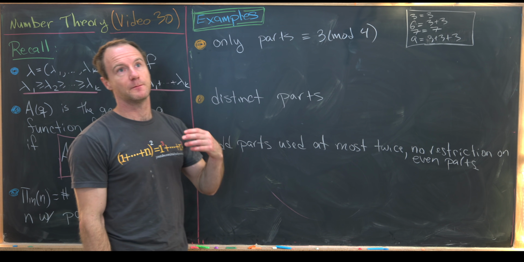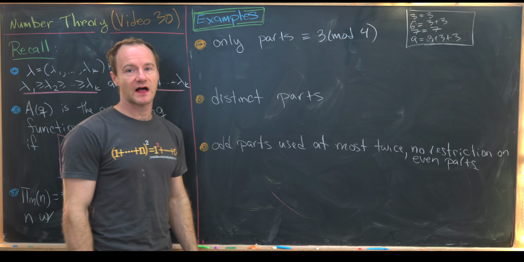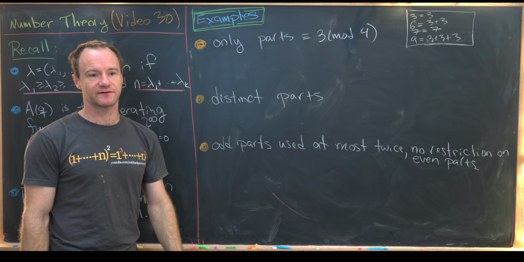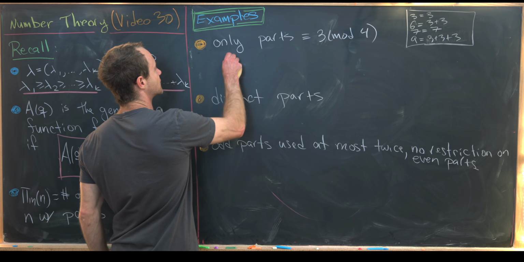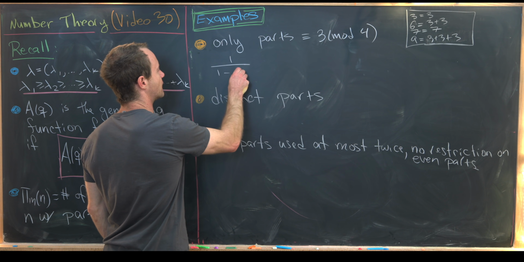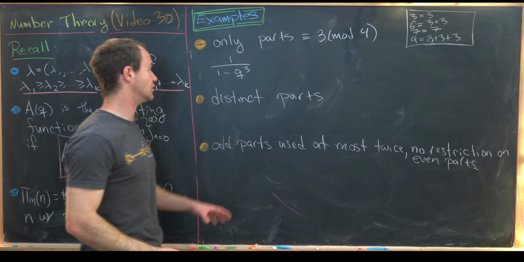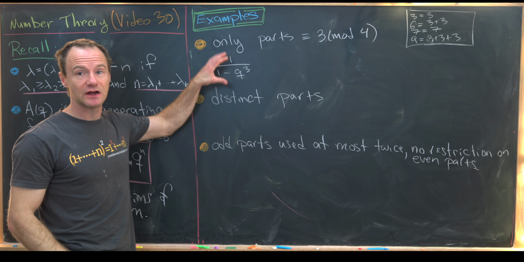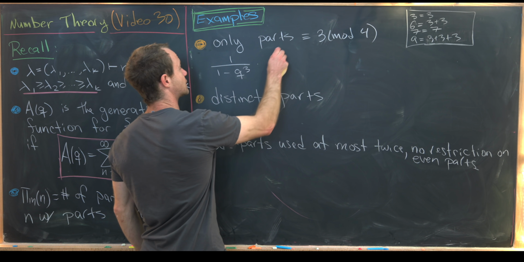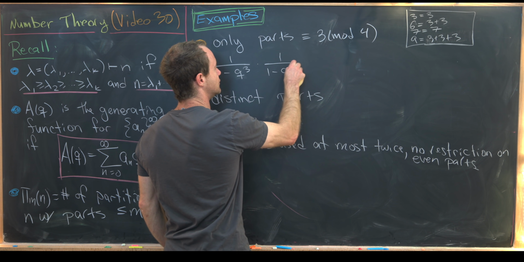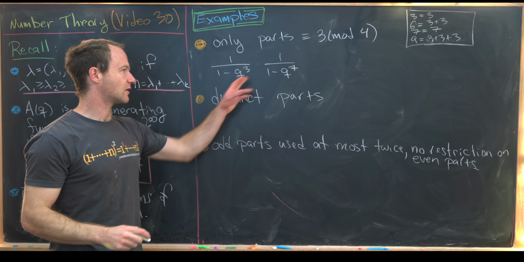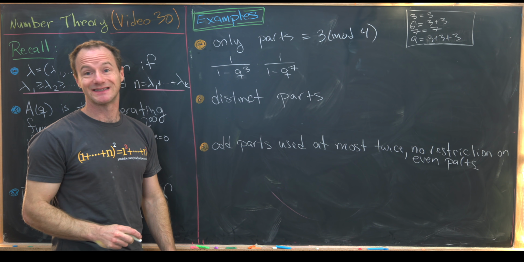Okay, but hopefully by what we saw on the last board, we can just write down the generating function for this. So the first part of that generating function will be 1 over 1 minus q cubed. So that's using parts equal to 3. The next one will be 1 over 1 minus q to the 7, so that'll be using parts equal to 7.